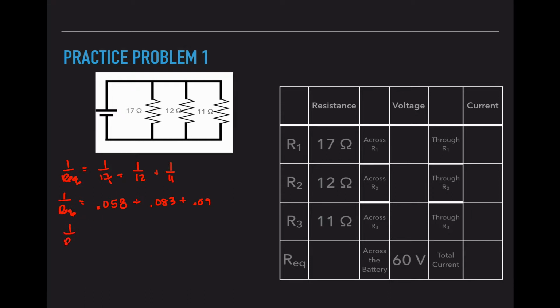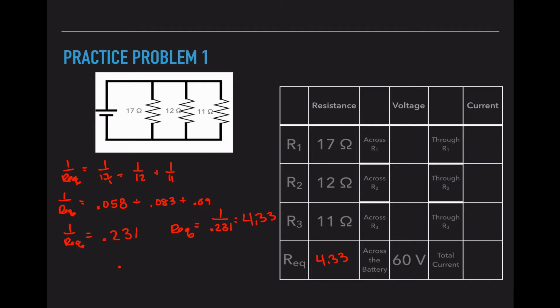So 1 over Req is equal to 0.231. Now, this is not our equivalent resistance. We still have a numerator above that fraction bar. So in order to get our Req by itself, we have to inverse both sides. And when we do that, our Req has a value of 4.33.